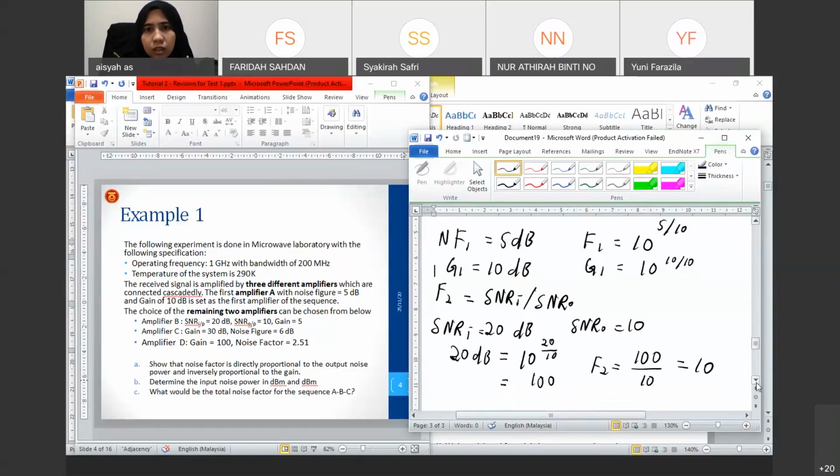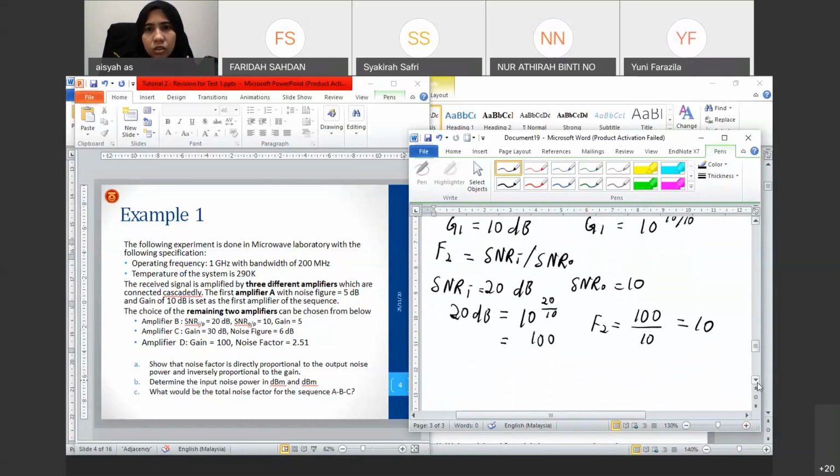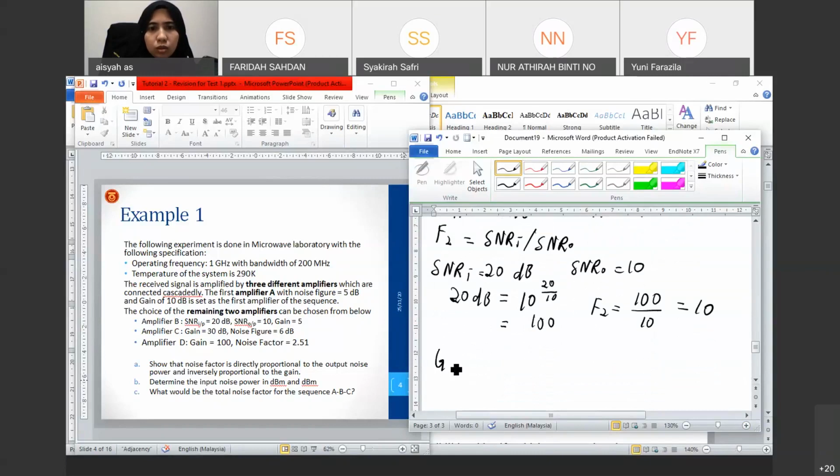And then the G2 is given as 5. Okay, 5 is already in linear, so you need not change from dB to linear.